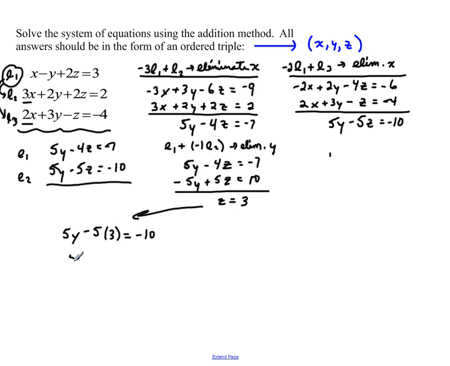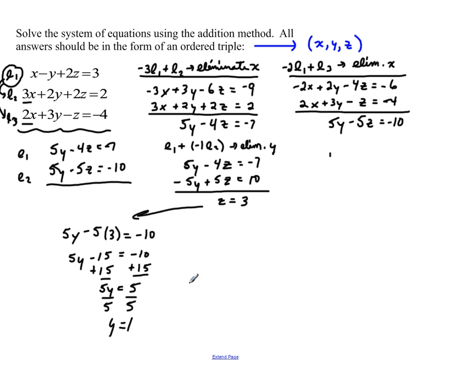So we've got 5y minus 15 is equal to -10. So I should add 15 to both sides. And that's going to give me 5y is equal to 5. Dividing both sides by 5 gives me y is equal to 1.